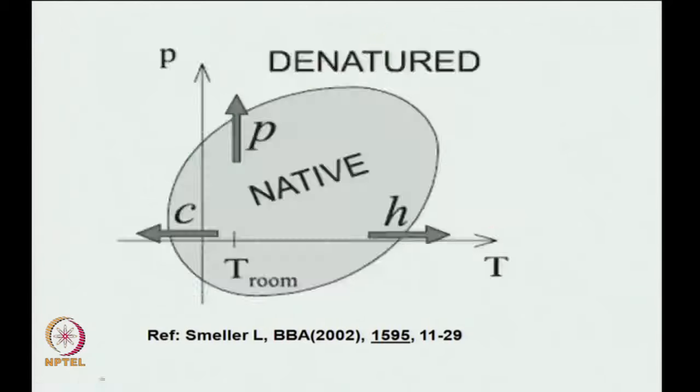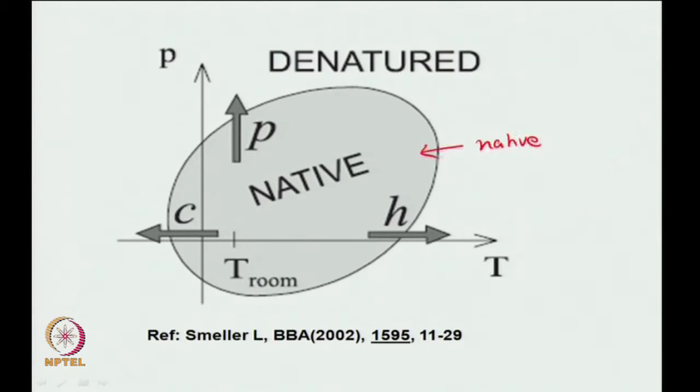So, you look at the next plot. Whatever region you had within the perimeter of the ellipse is the region where your protein is most stable. That means, you can look at the shaded region as the native region, right.